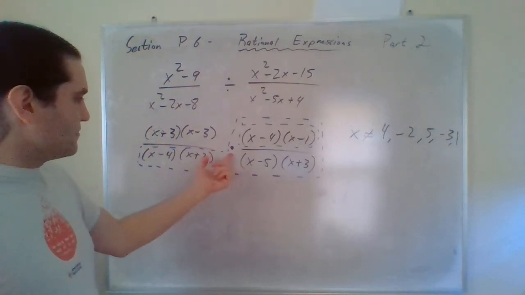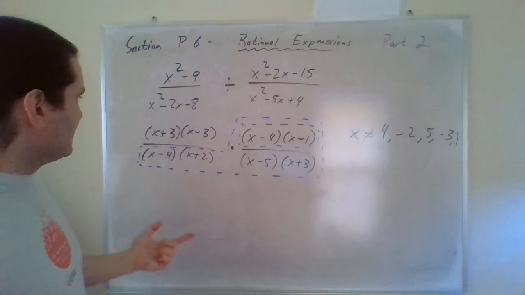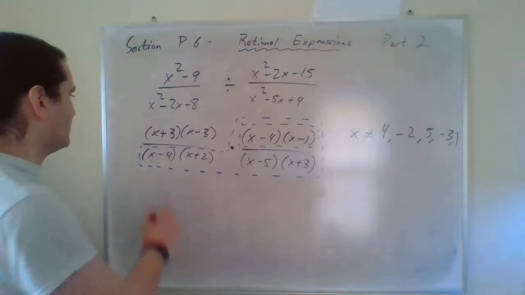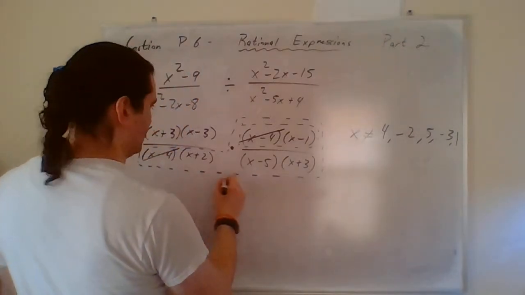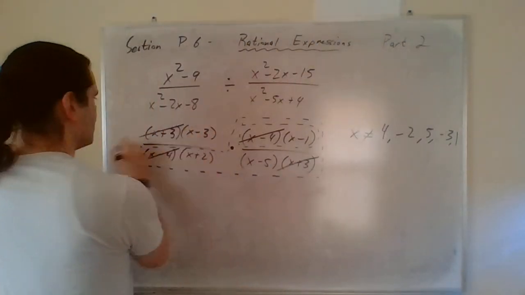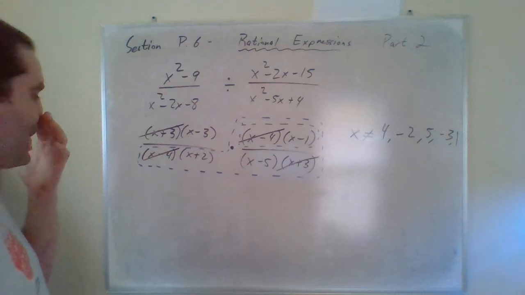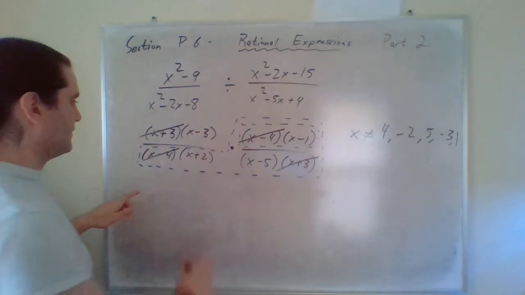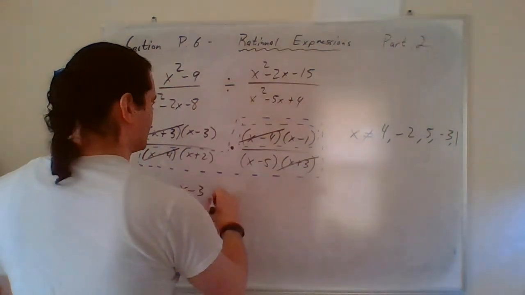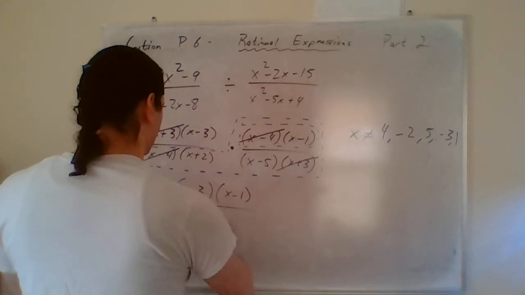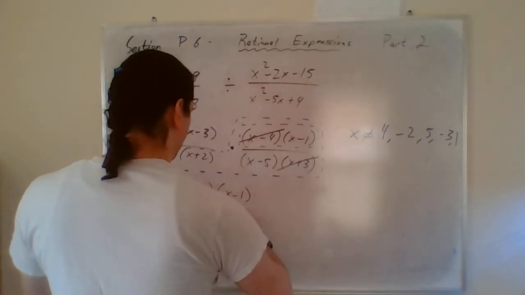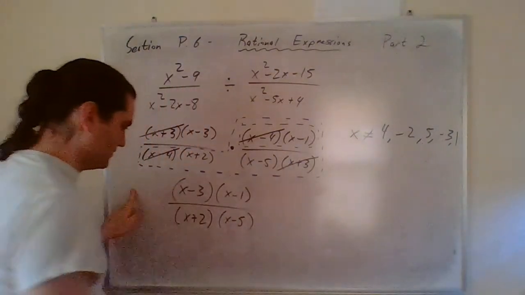And now we have a very simple multiplication problem with everything factored. We can cancel some stuff. 4's cancel. The plus 3's cancel. And now we have x minus 3 times x minus 1 over x plus 2 and x minus 5.